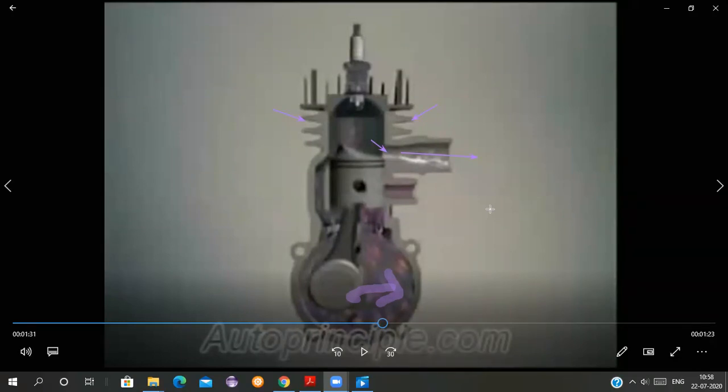Mostly it is called a deflector. What is this deflector doing? You can see there is a deflector present here. When the air fuel mixture is coming from here, it is not allowing the air fuel mixture to go here.